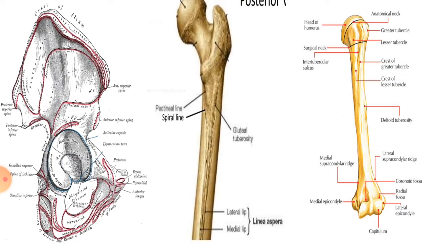Then comes the rounded elevations, the tubercles, and we have previously talked about the adductor tubercle of the femur, where the tendon of the adductor muscle was basically inserting. Similarly, tuberosity of the humerus and the trochanter of the femur, and there is a malleolus of tibia as well.